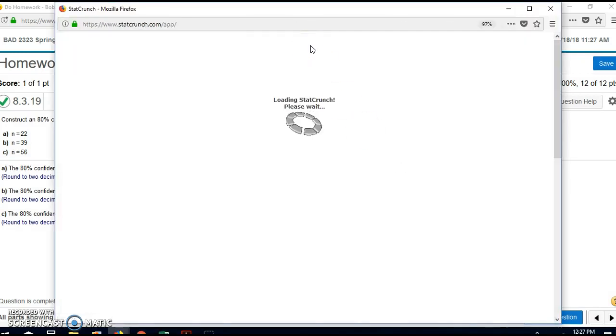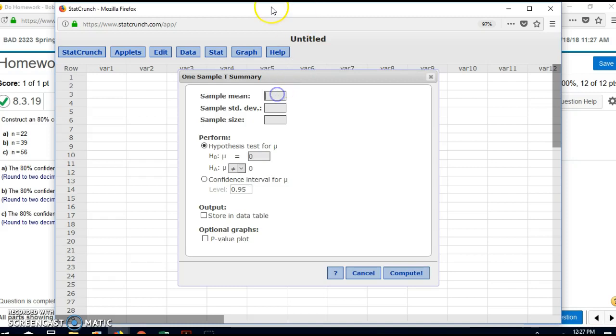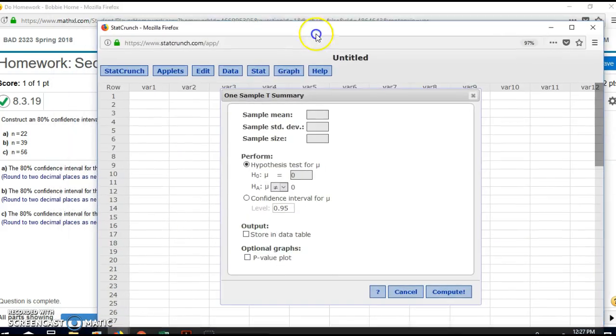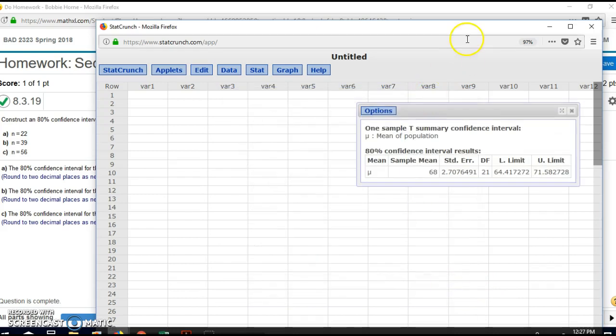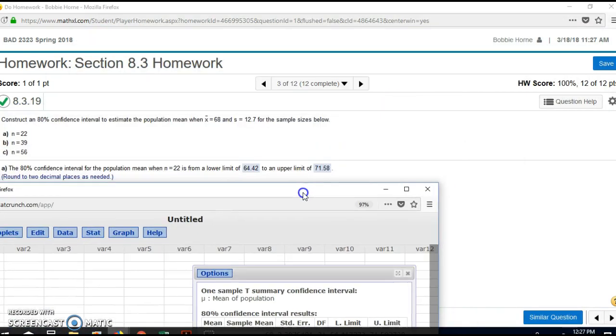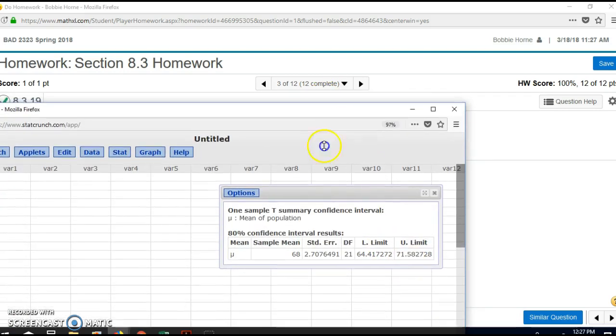Now you can use the table, but they want you to use technology, and you will go to T-Stats, one sample with summary, and you will put in your sample mean, and our sample mean is 68, and our sample standard deviation is 12.7, and our sample size for A is 22, and we want a confidence interval of 80%, and you hit compute, and you see your lower limit is 64.42, and your upper limit is 71.58.